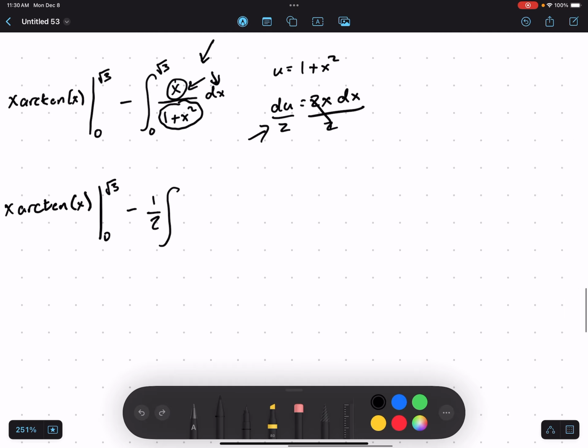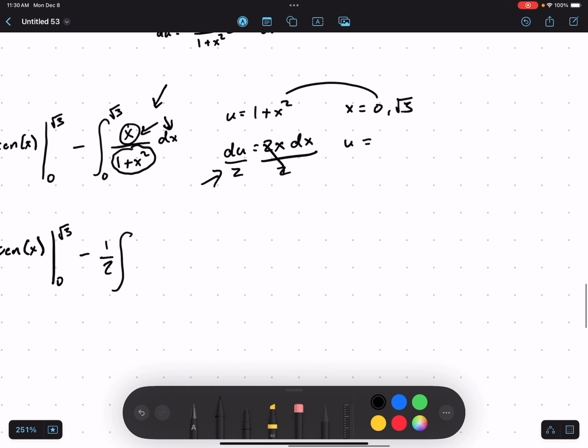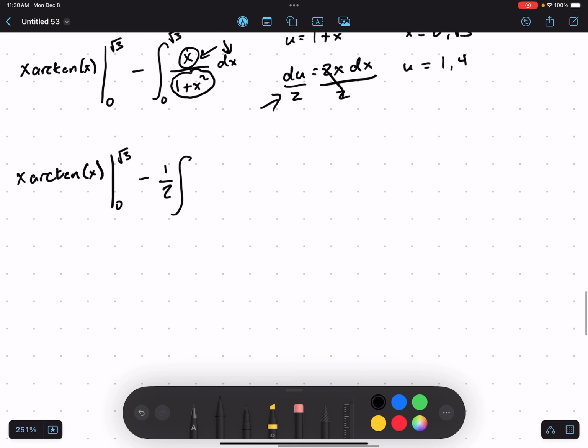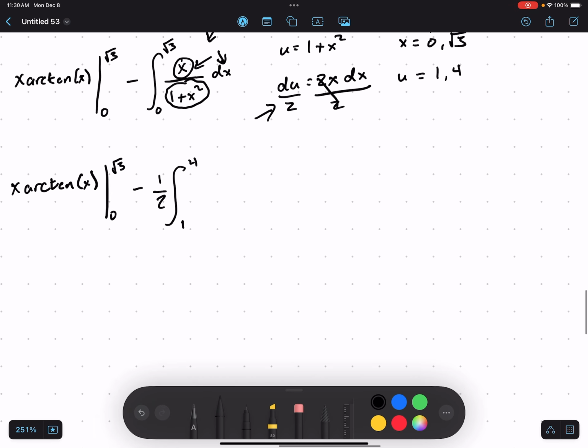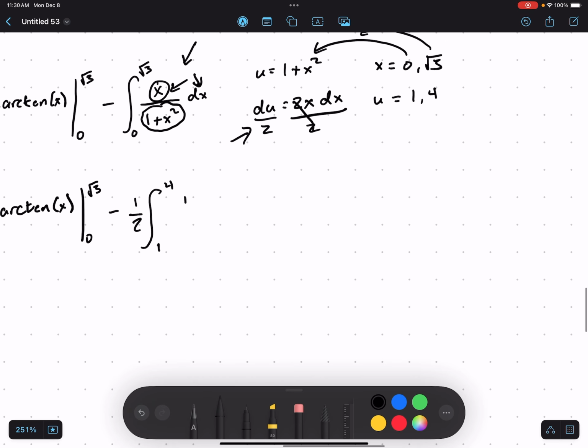What we'll do is we'll say when x equals 0 and root 3, u now equals, when we plug these values into x here, we'll have u equals 1 when x is 0, and then when x is square root of 3, it's just 3. 1 plus 3 is 4. So now the new bounds here are 1 to 4, and we're just going to have 1 over u du to complete the u-sub.